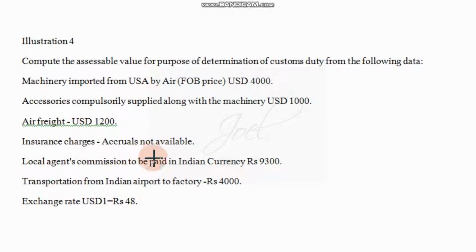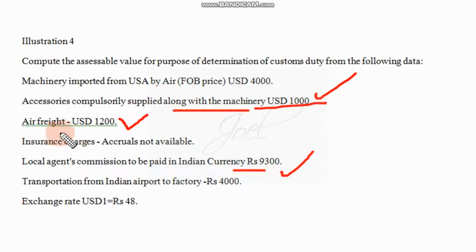Next, local agent's commission to be paid in Indian currency, it is given, that we are supposed to add if it is given. So to the FOB price, in spite of FOB price being given to us, to this we add the accessories which are supplied compulsorily, air freight we have to compare, and 20% or the actual given amount, whichever is less we have to consider.